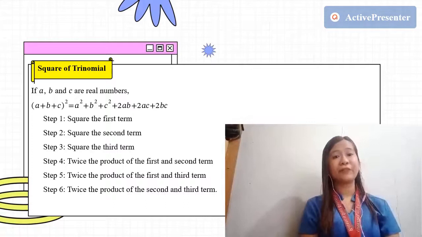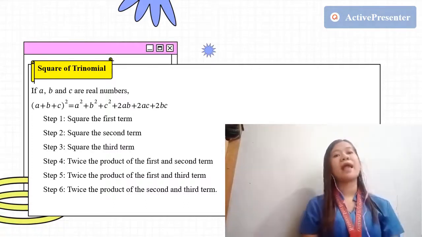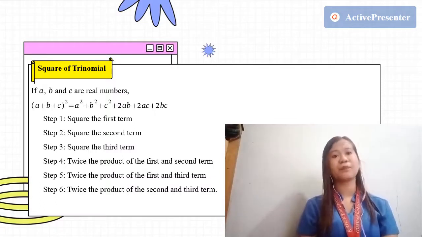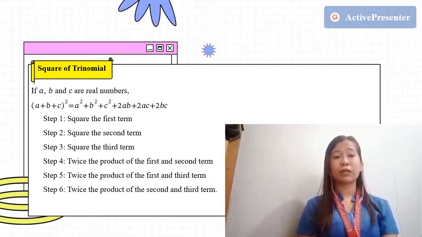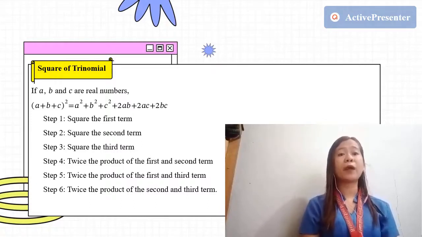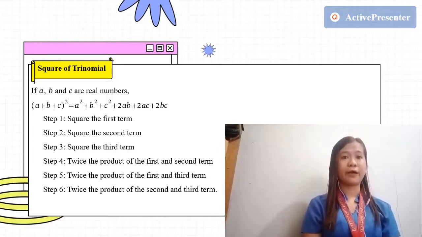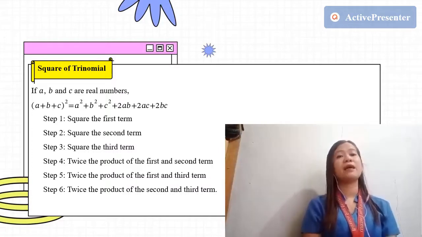For the fifth step, twice the product of the first and the third term. And for the sixth term of the given square of a trinomial, we have twice the product of the second and third term. Okay? Then we can have the answer.